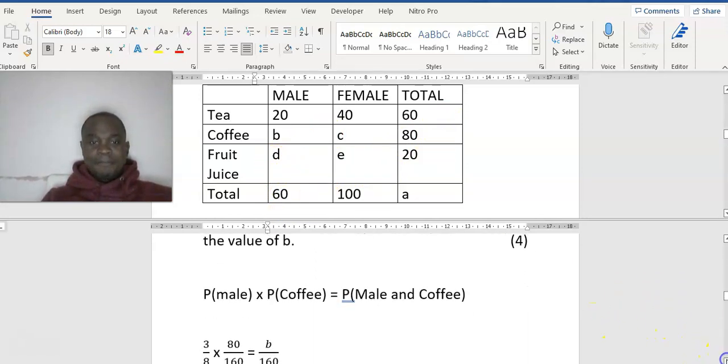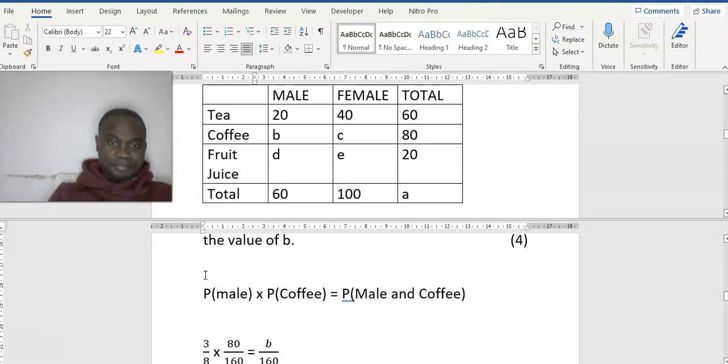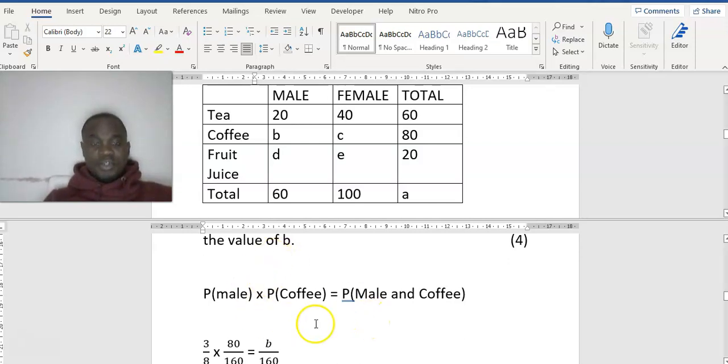The probability of male times the probability of coffee should be equal to the probability of male and coffee. So for it to be independent, that is what it's supposed to be.